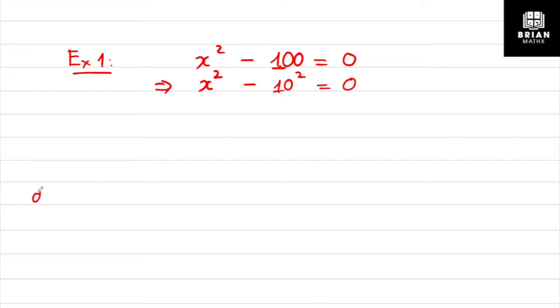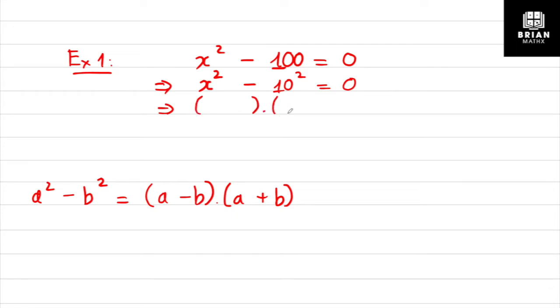You know the formula for difference of squares factorization: a squared minus b squared equals a minus b multiplied by a plus b. You will use this for factorizing a squared minus 10 squared, so you will have two brackets. The first bracket is x plus 10, and the second bracket x minus 10, equal to 0.